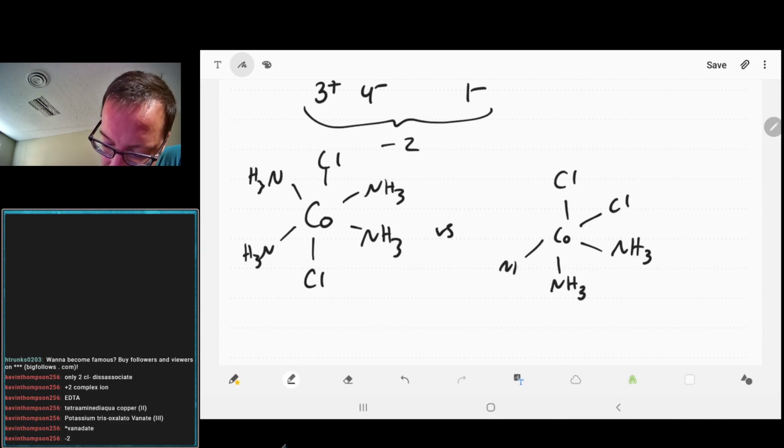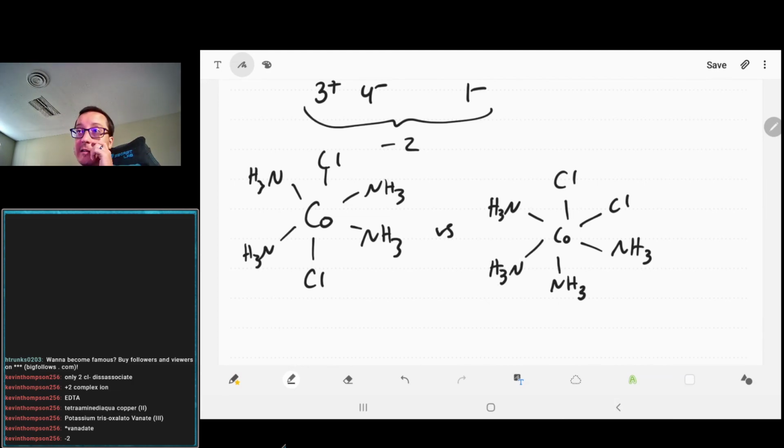So, an octahedral complex. You don't have to write them the way that I'm doing it. In organic chemistry, you'll see that I'm writing my ammonias backwards here. The reason is that it's the N that's bound to the cobalt. I want to show that the N is the closest atom to the cobalt.